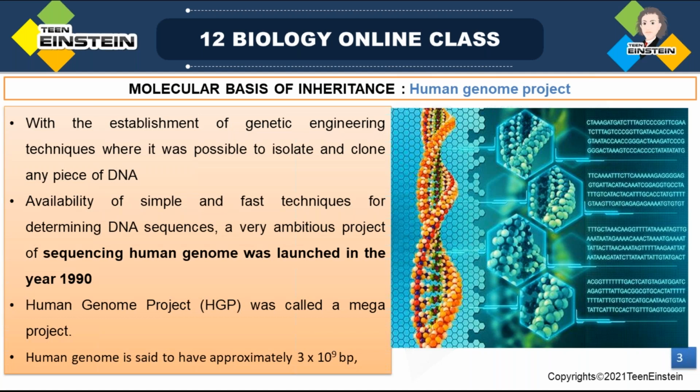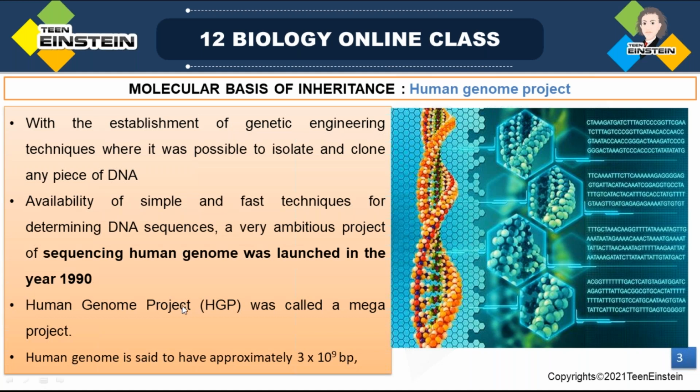With the help of those techniques, they launched the sequencing of the human genome, and it was launched in the year 1990. So the Human Genome Project was called a mega project. The human genome has around 3 into 10 raised to 9 base pairs.